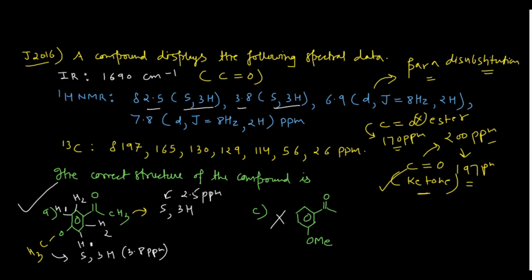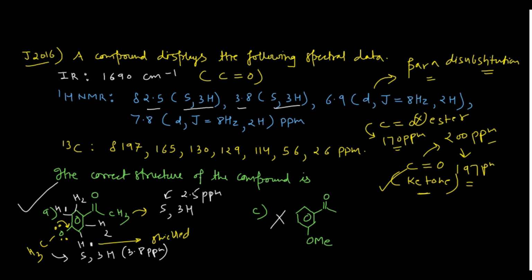The electron pair can participate in resonance, so this hydrogen, H1, is more shielded, while this one is not that shielded.